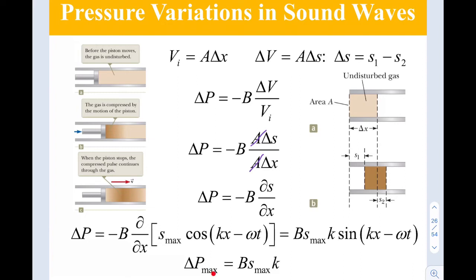So delta p max, if we are talking about the maximum of this, this function must be at its maximum as well. The maximum value for a sin function or cos function is equivalent to 1. So if this part becomes 1 for delta p max, it means that B s max k times sin(kx minus omega t), the whole function, must equal 1.